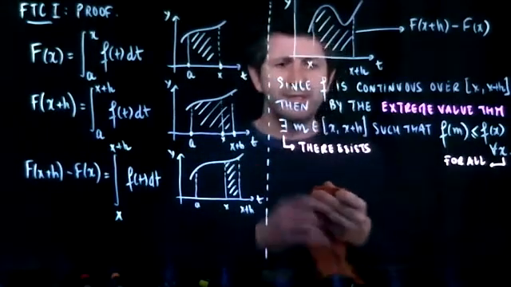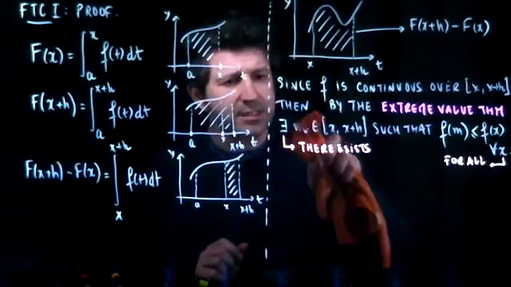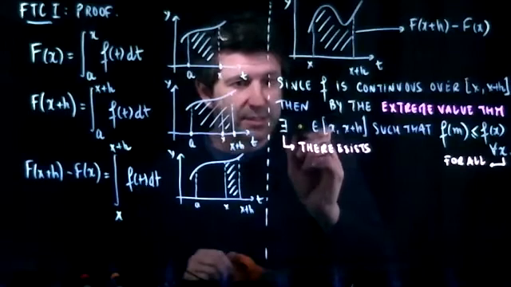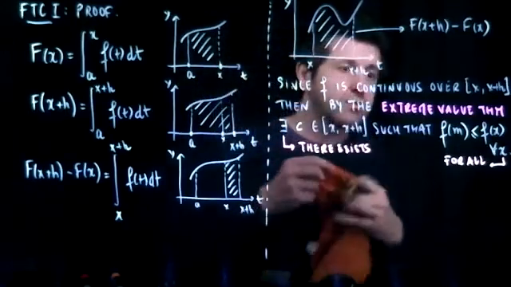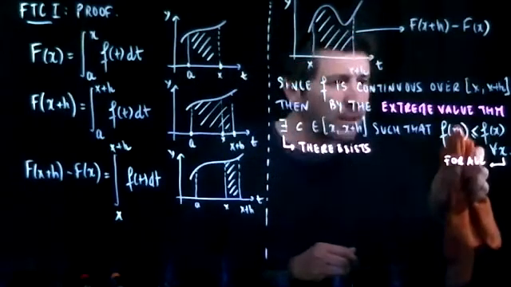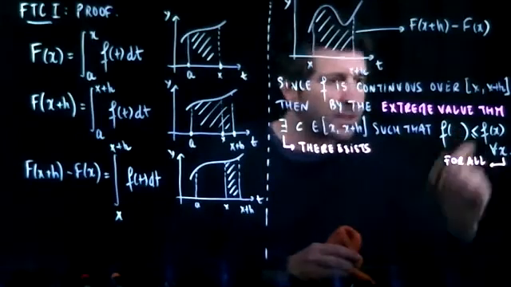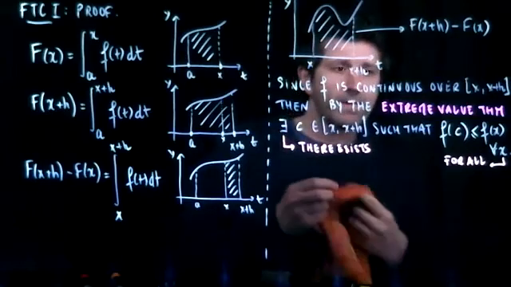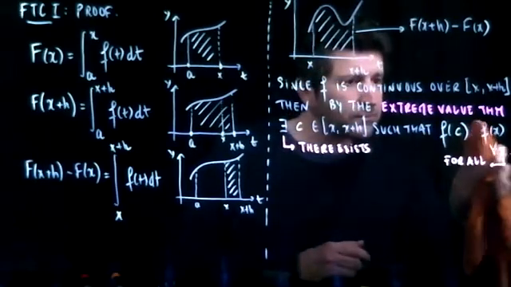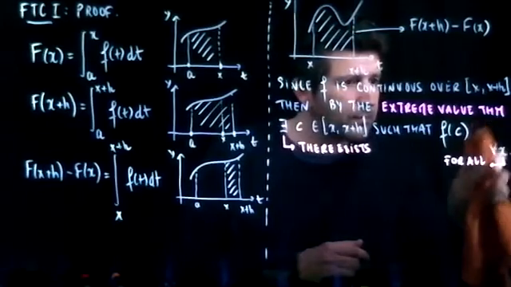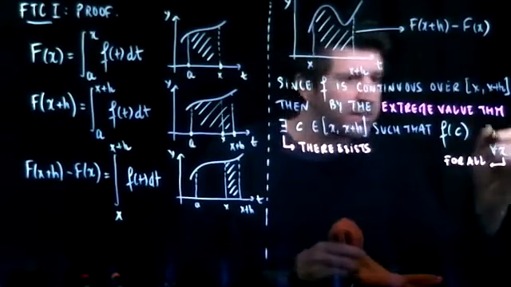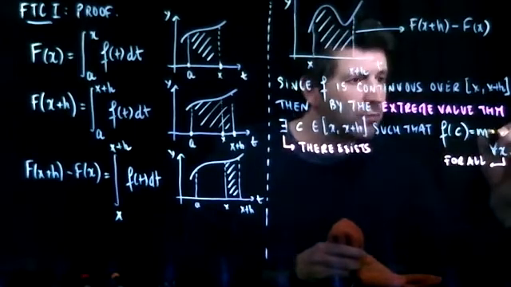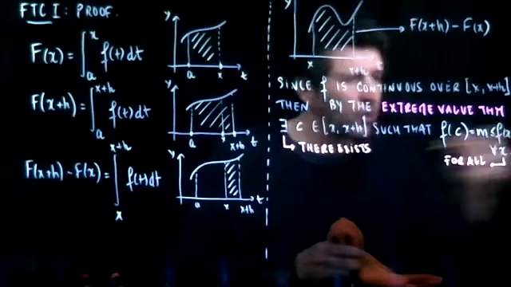There exists a C, I'm going to call it C, such that f of C is equal to m. I don't have much space. f of C is equal to a certain value m, which is smaller than or equal to f of x.